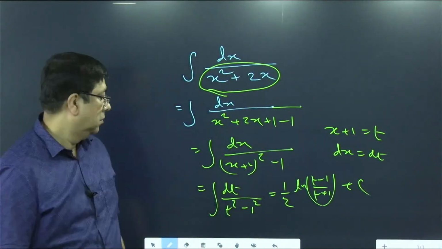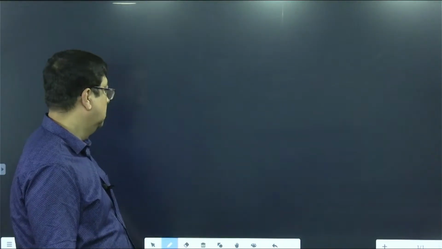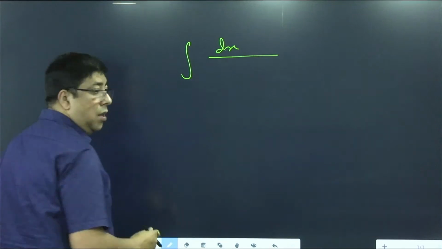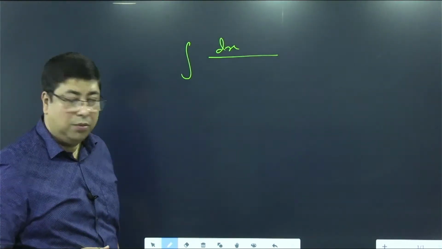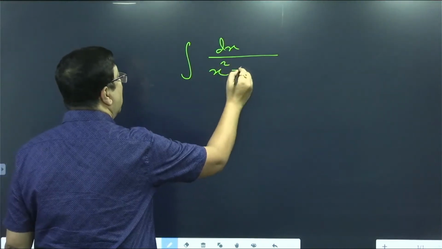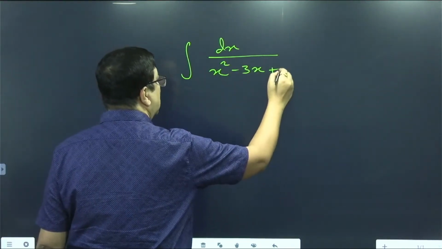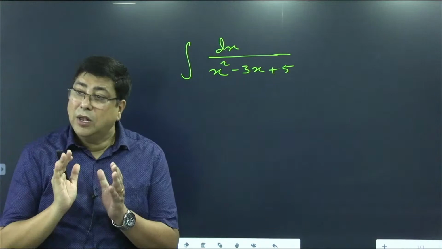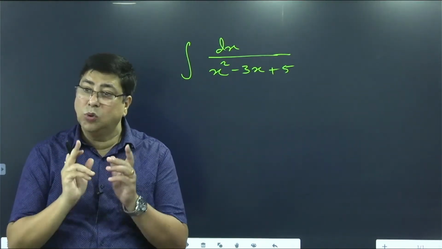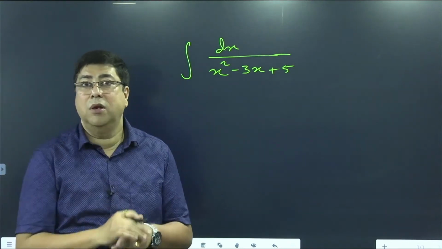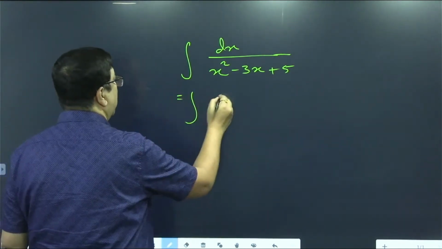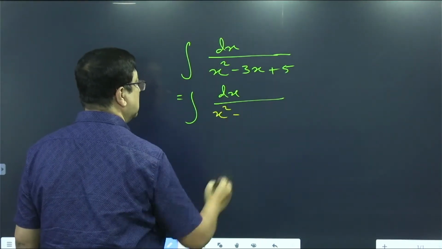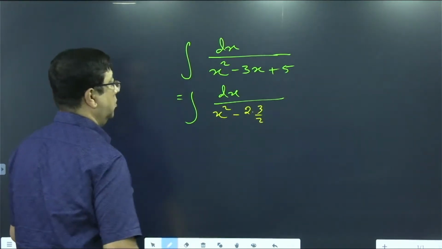Next. Suppose we cannot get the 2ab term, then what to do? For example, x square minus 3x plus, suppose, 5. We have to get the 2ab term because we have to absorb all the x to make a whole square. Outside the whole square, there will be only constant. Therefore, we can write here x square minus 2 into 3 by 2 x to make a whole square.